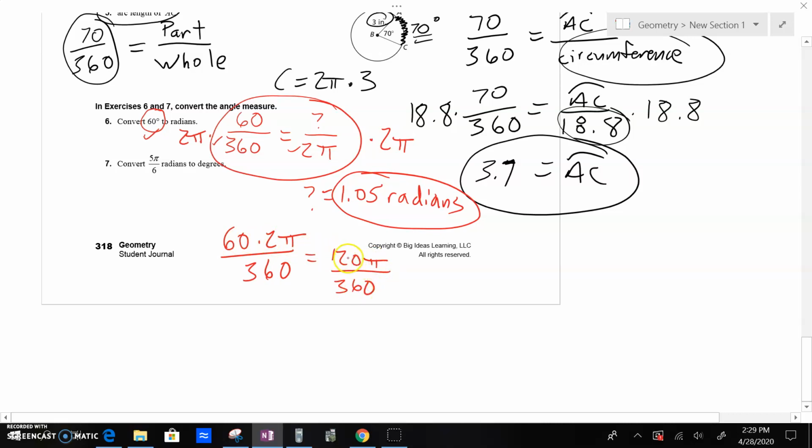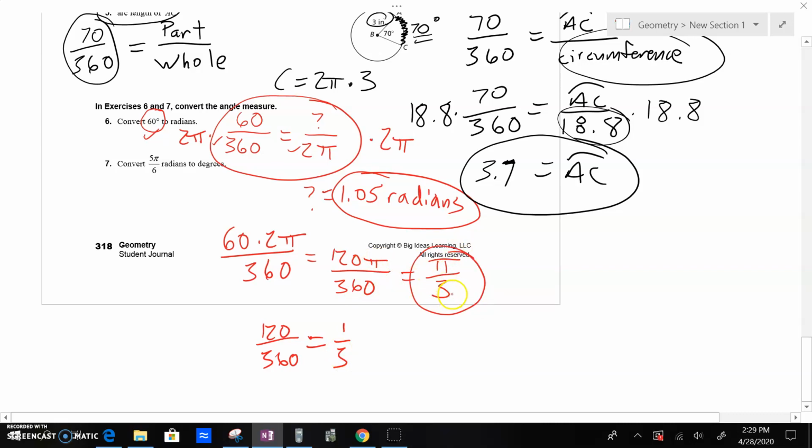That's a fraction where 120 and 360 can both be reduced. You can divide both by 120, so you reduce the fraction and you end up getting pi over 3. That's just fraction reduction. If you have a fraction of 120 over 360, that's the same as 1/3. So if we take 120 pi divided by 360 and reduce it, you get pi over 3.